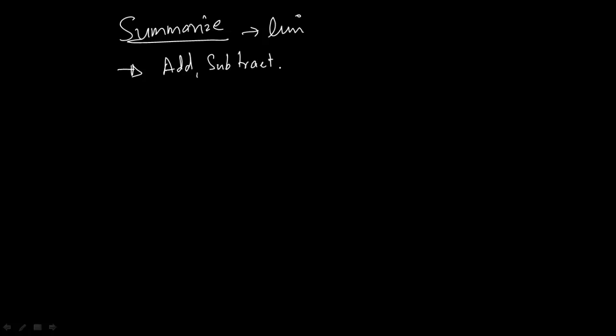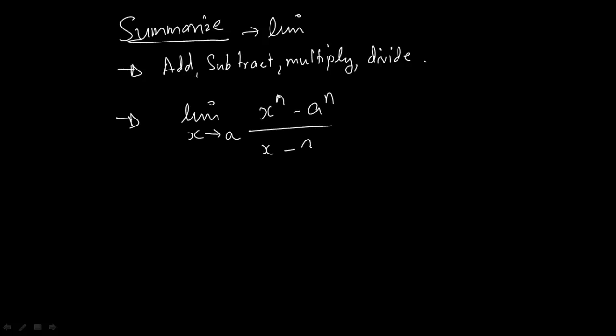So let's summarize what we did. We started with limits, and we can add, subtract, multiply, or even divide a limit the way we want. And we did some special limits: limit of x tending to a of x to the power n minus a to the power n over x minus a is equal to n into a to the power n minus 1.